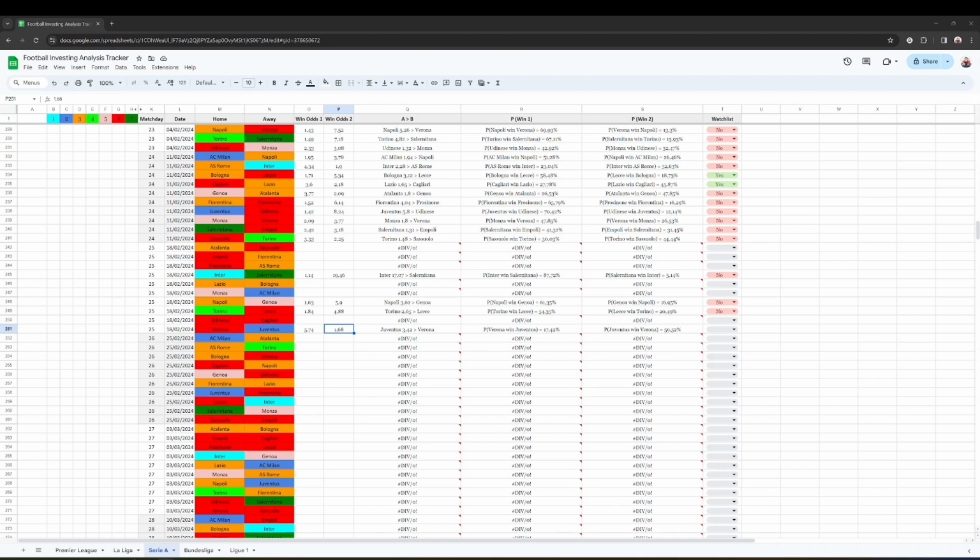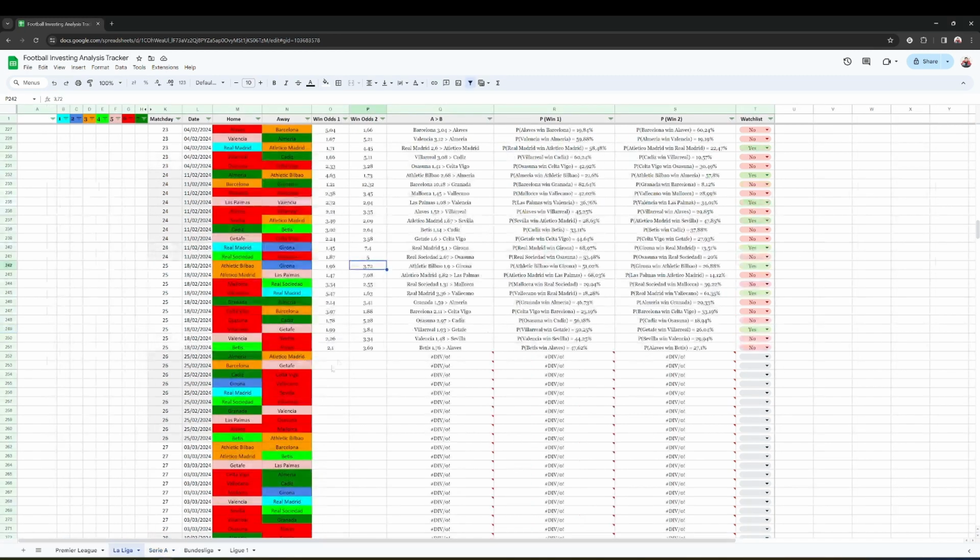Checking it for you guys. It was 1-0, 28th of October, Juventus at home. They won 1-0 with Verona. It's funny because they scored in the 97th minute, and during the game they had 2 disallowed goals. But Verona had just 1 shot on target in the whole game. 1.68 for Juventus, and we had 1.63.